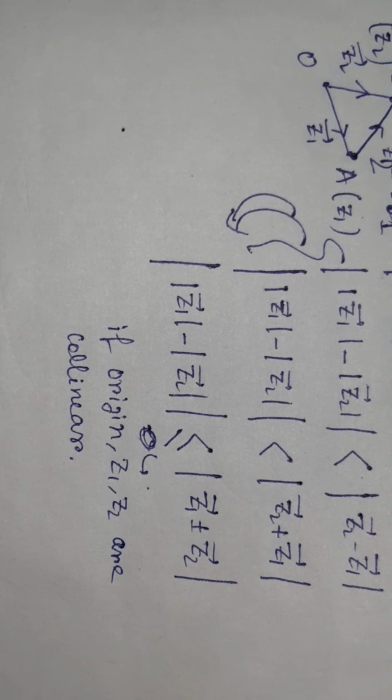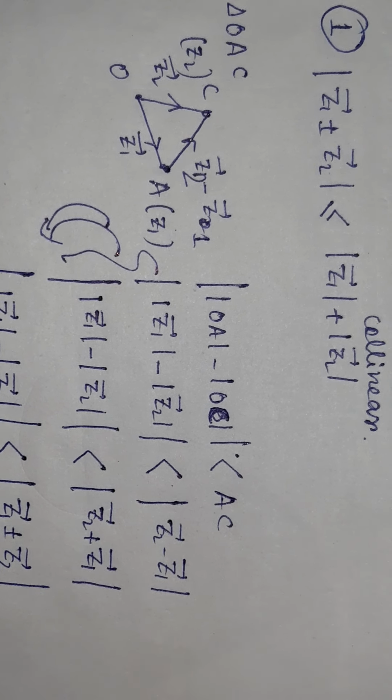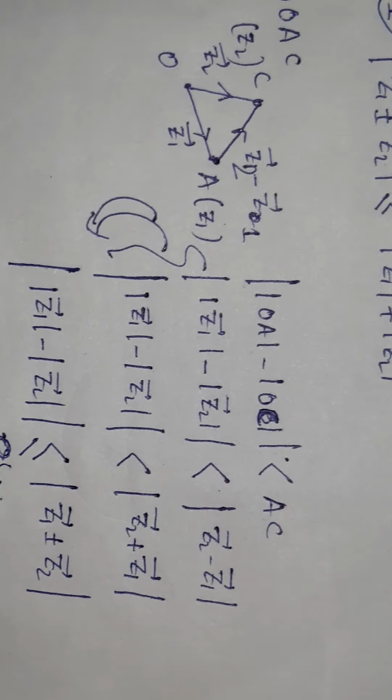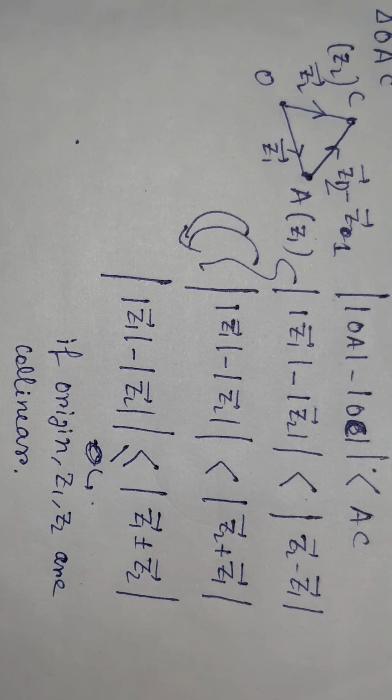Okay, so combining these two inequalities, modulus of Z1 plus minus Z2 is less than or equal to modulus of Z1 plus modulus of Z2, and the modulus of the difference between modulus Z1 and modulus Z2 is less than or equal to modulus of Z1 plus minus Z2.